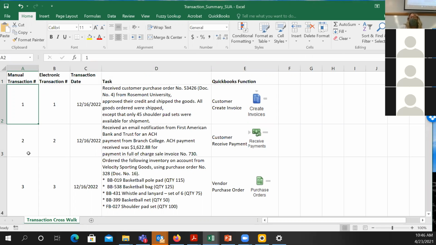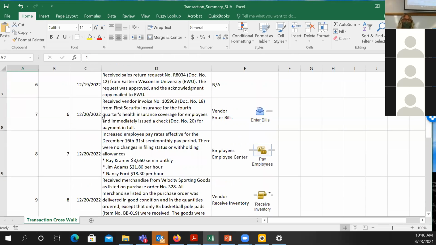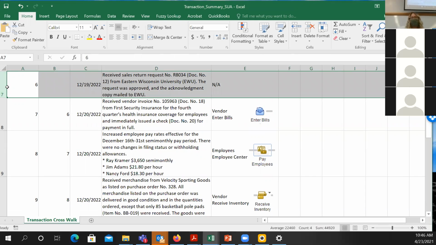Like I said, when we started working through QuickBooks, there's 2 transactions that we do in the manual system understanding aid that there isn't an equivalent in the electronic understanding aid. One of them is transaction number 6 in the manual understanding aid. There's a physical document that comes in that indicates Eastern Wisconsin University's intent to return the goods.